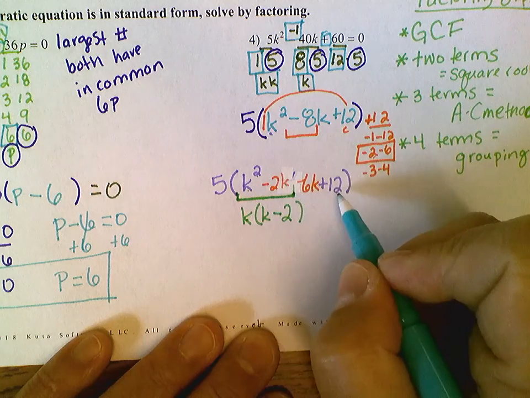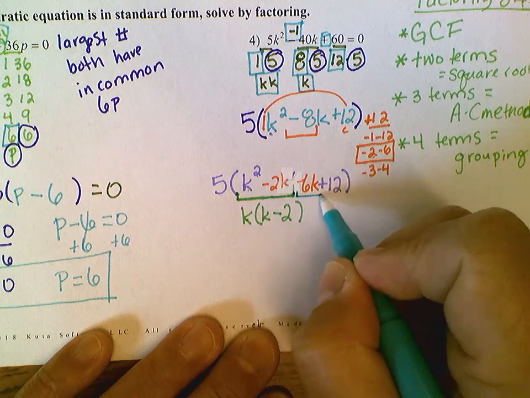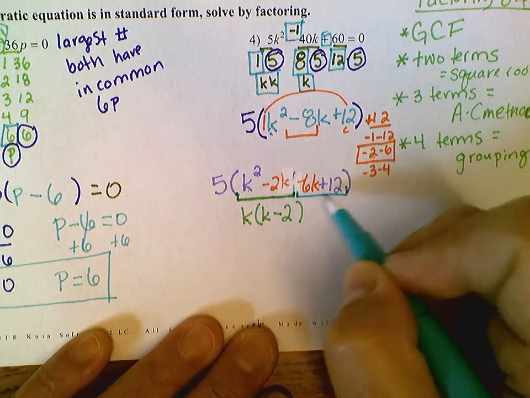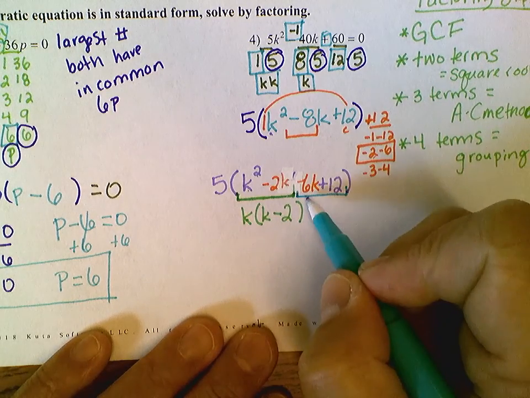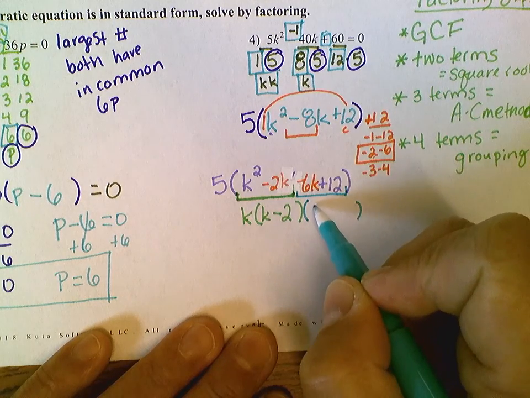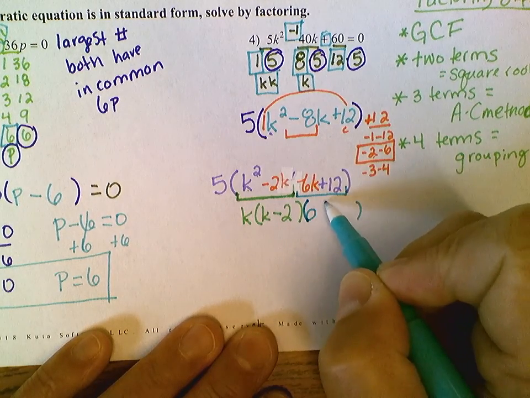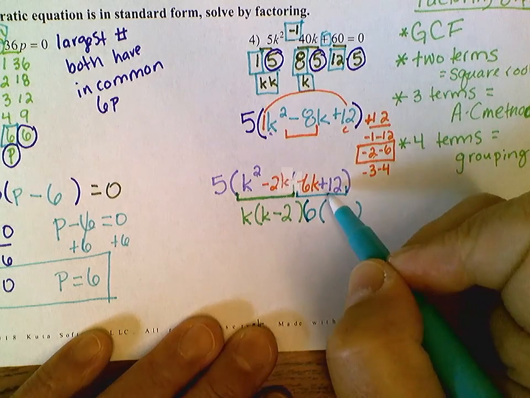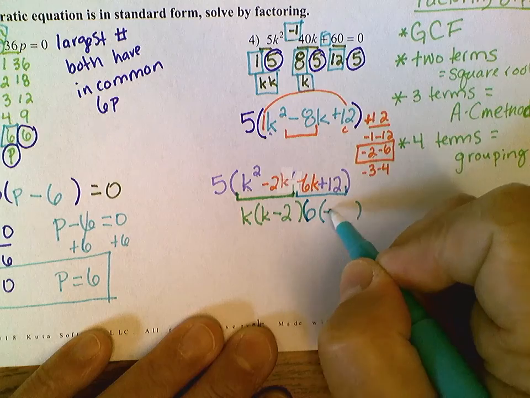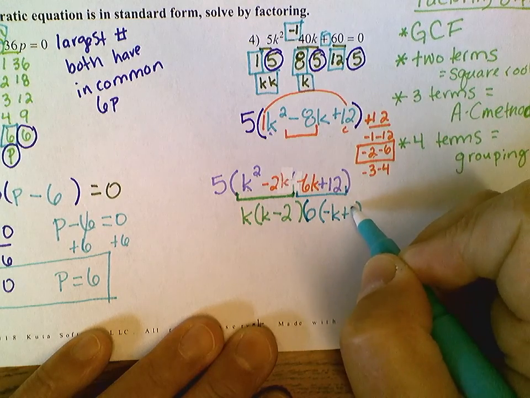Now, if I look at these two, negative 6k plus 12, what do they have in common? Hopefully, you can see that they have a 6 in common. Put that in the wrong spot. Now, if I factor out a 6, I have a negative k plus 2.